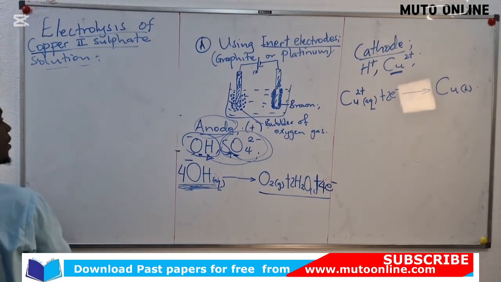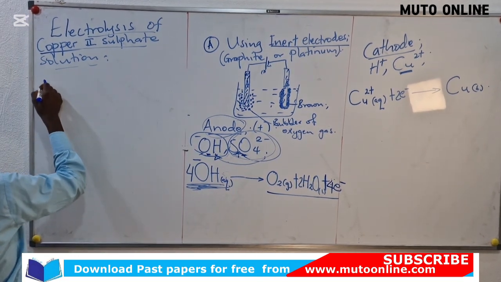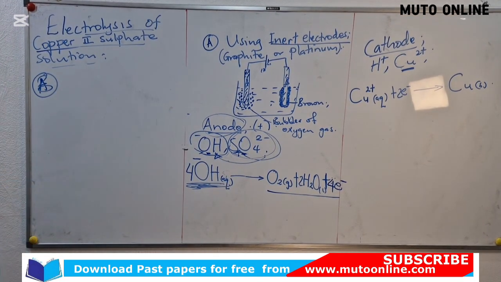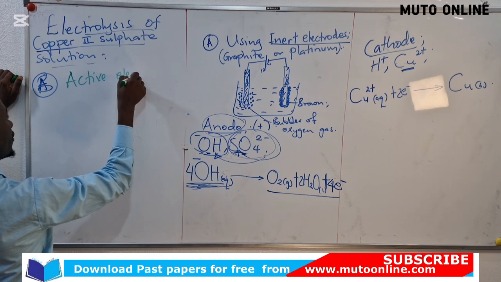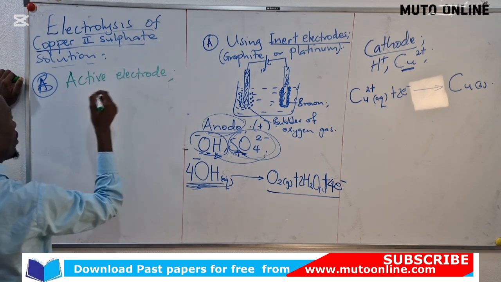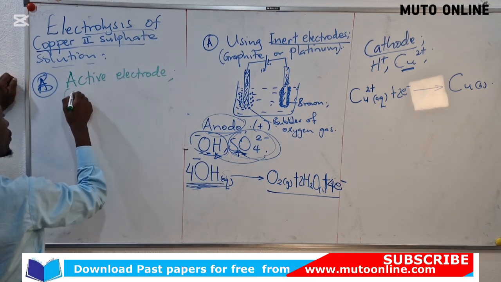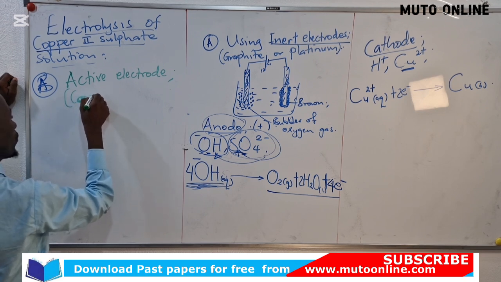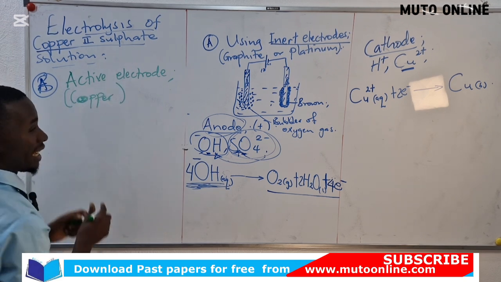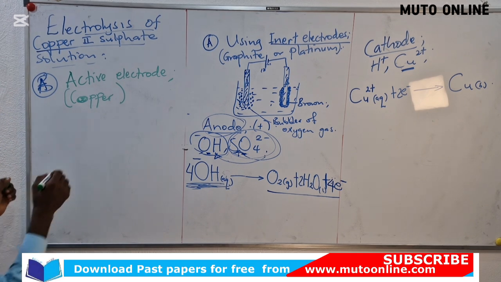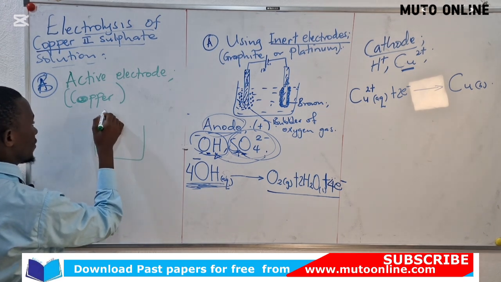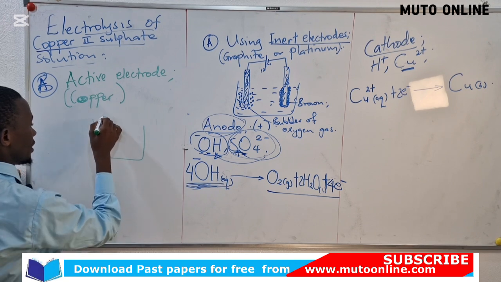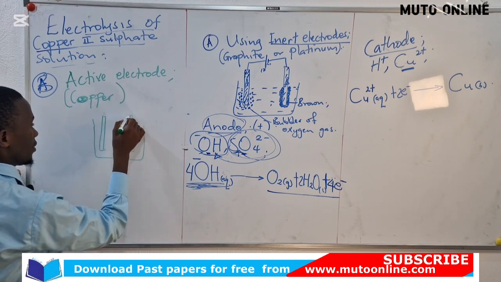But when we happen to use an active electrode, when we happen to use copper itself as the electrode, for example, if this is our electrolytic cell, these are the electrodes of copper.